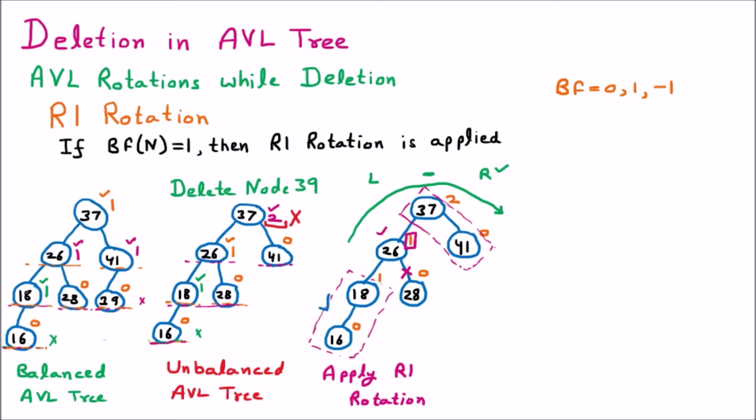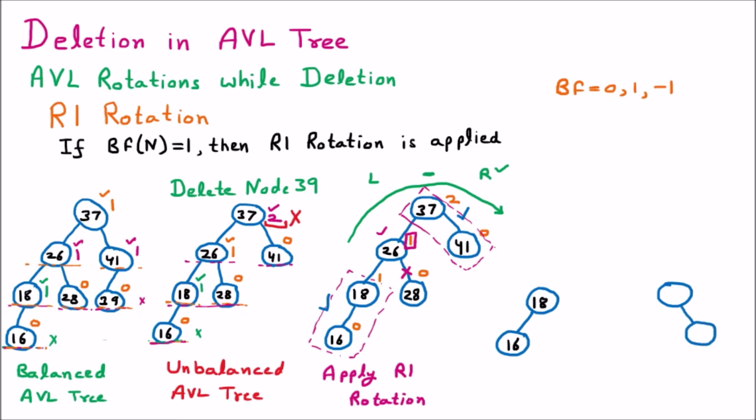So we have taken 18 and 16 together. One of them is 18, another is 16. Now take out the other extreme couple, which is 37 and 41. So take it at the other end, that is 37 and 41.